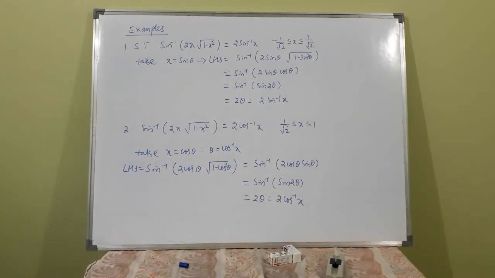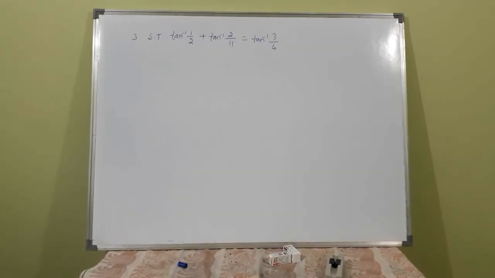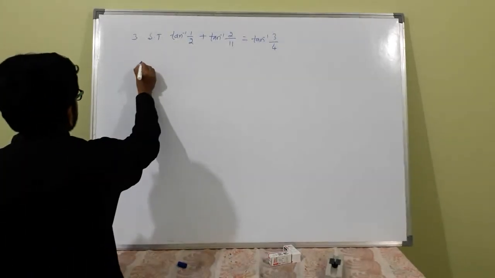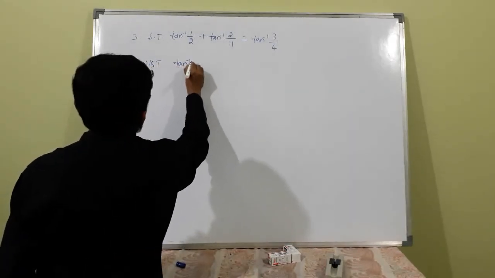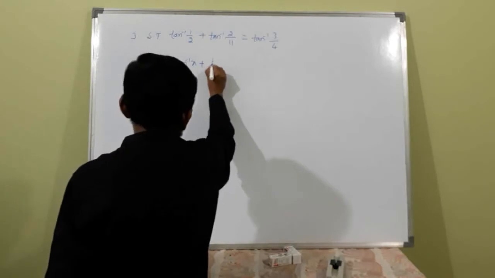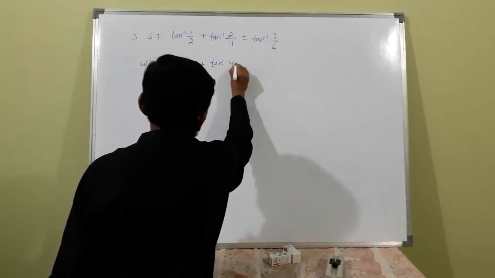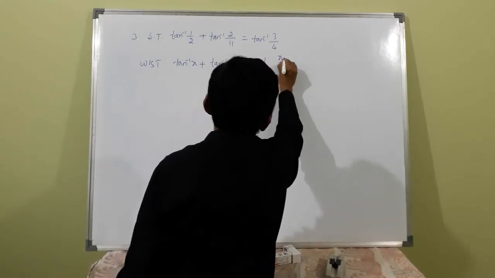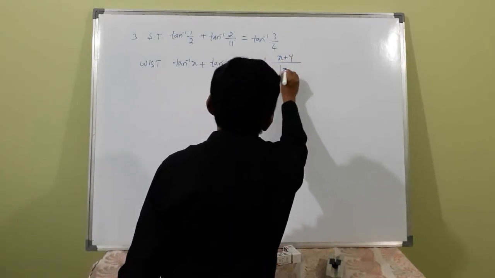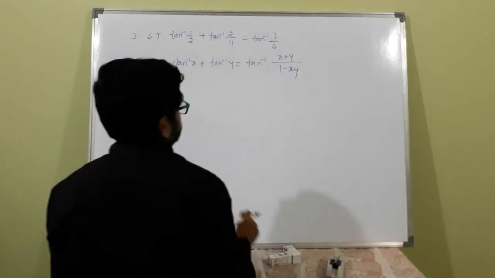Okay, tan inverse of half plus tan inverse of 2 by 11 is equal to tan inverse of 3 by 4. See, this is a direct application of the result. Tan inverse of x plus tan inverse of y is equal to tan inverse of x plus y divided by 1 minus xy.